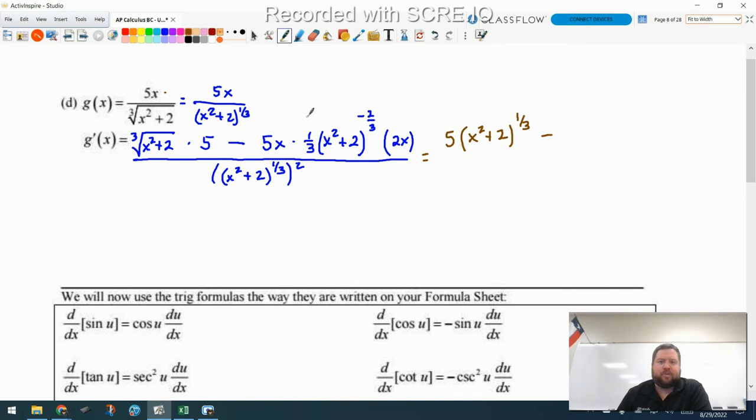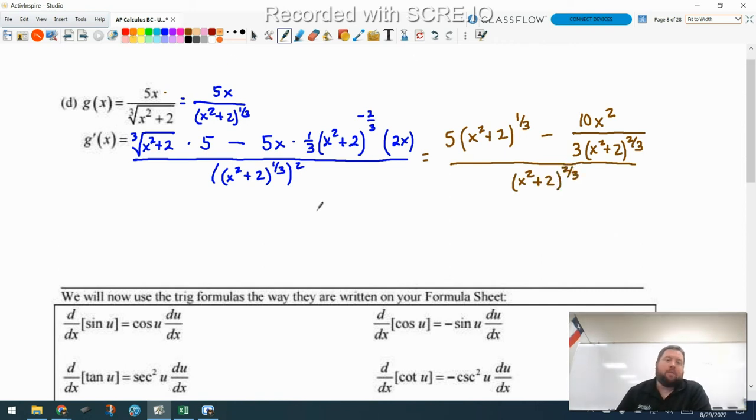Then the 5x multiplies by the 1, multiplies by the 2x. So that's going to be 10x squared on top, divided by 3 times x squared plus 2 to the 2/3 power. And all of that is over, multiply the exponents, power to a power rule. X squared plus 2 to the 2/3 power.